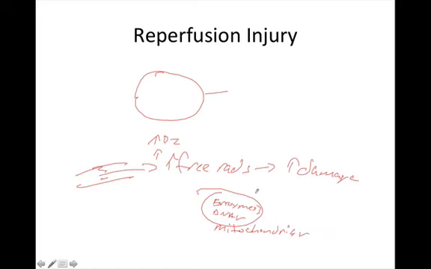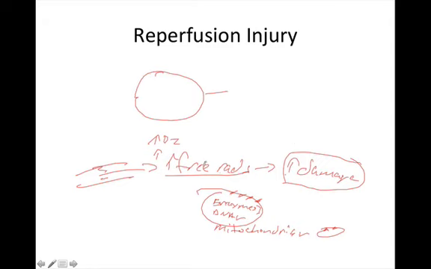Plus, free radicals tend to damage membranes, typically the membranes of the mitochondria, and they also cause damage to cell membranes. So the point I'm making is, as we flood this already damaged tissue with more oxygen and generate a ton of free radicals, that's going to cause further cellular damage and further death of tissue. It could increase the cell death within the tissue and further the damaging effects.